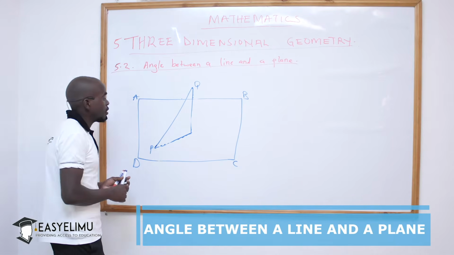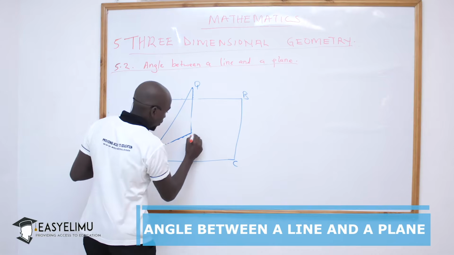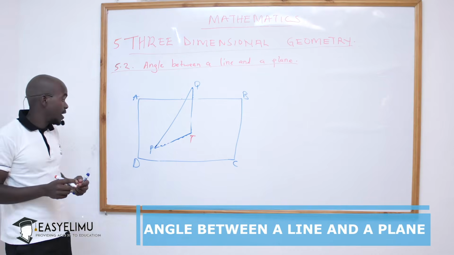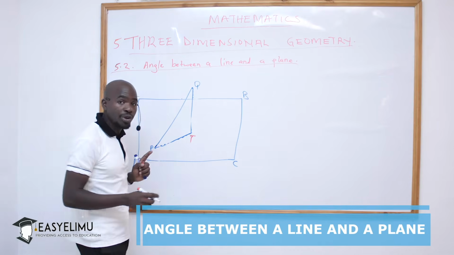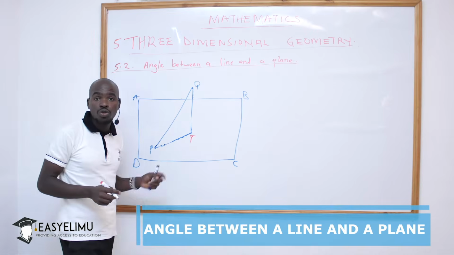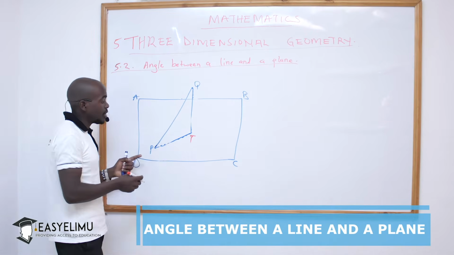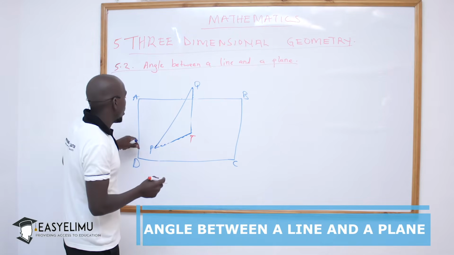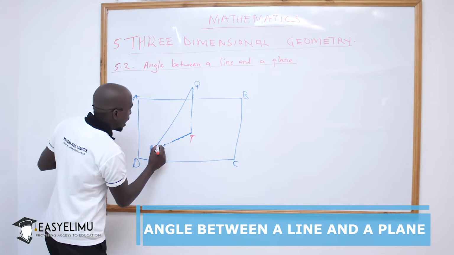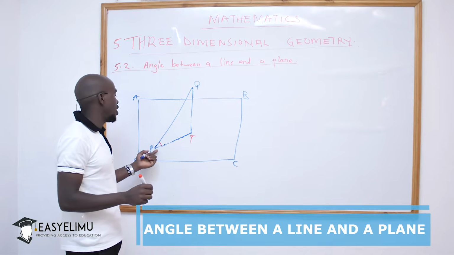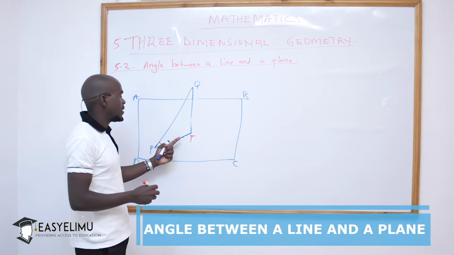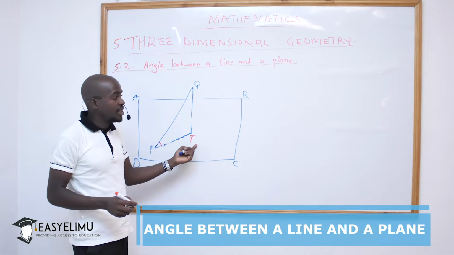We have something of that sort, and then we denote this one as P, and we find that our PT is a projection, while PQ is our rod. And on viewing that way, you will find out that using this plane, there is a certain angle being formed between the rod and the projection PT.